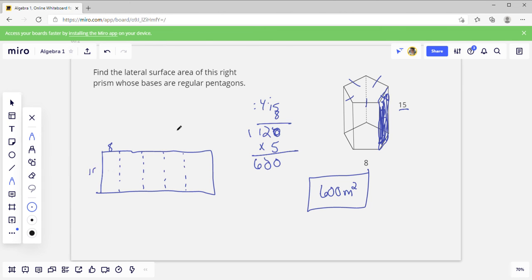And this is 15 tall. So then you have another 8, another 8, another 8, and another 8. So you could say 8 times 5 is 40 times 15. That should get you the same answer. Okay? All right, hopefully that made sense.